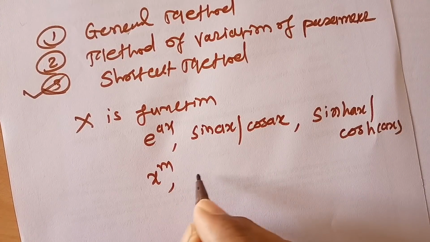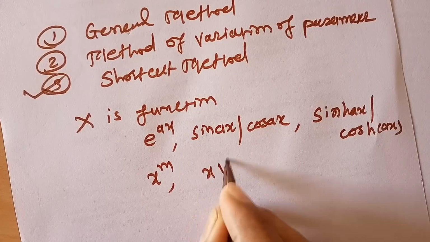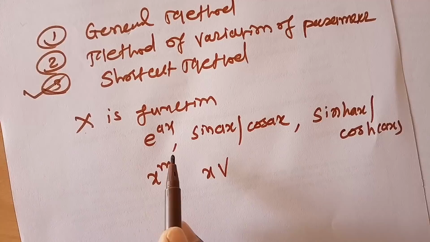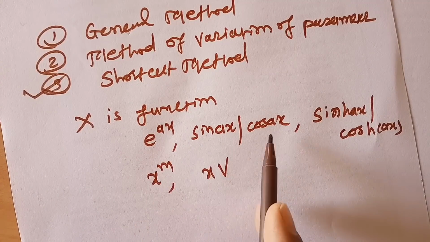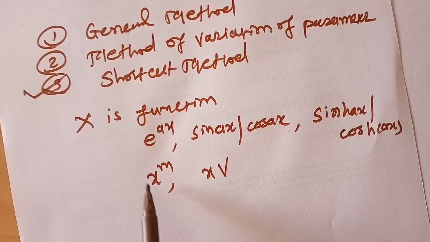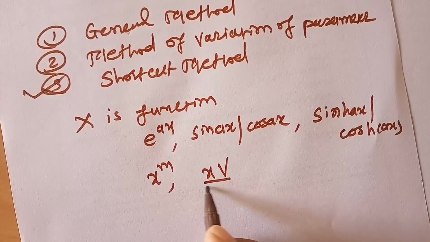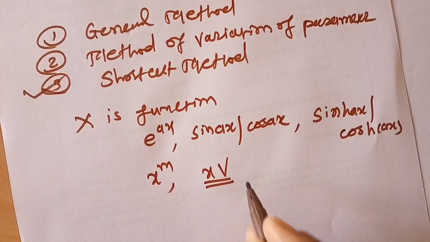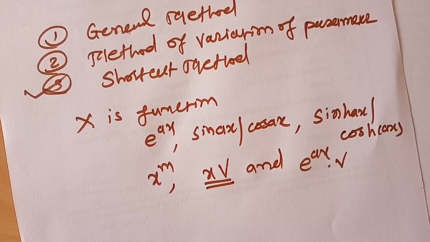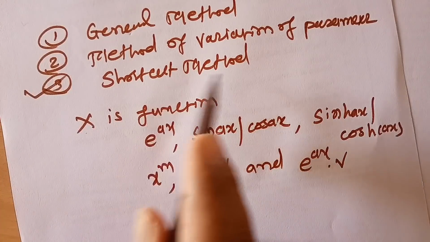You can also use this for X into V, where V is a function of x. If our function contains e raised to x, a sine or cos function, which is trigonometric, a hyperbolic sine or cos function, x raised to power m, which is a polynomial, x into V where V is a function of x, or e raised to power x into V where V is a function of x, then we can find PI by using the shortcut method.